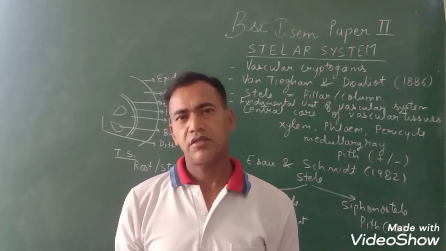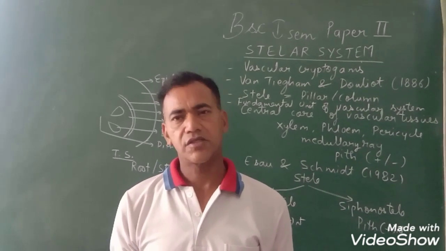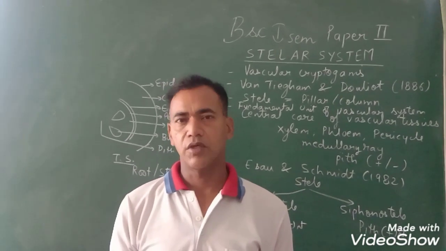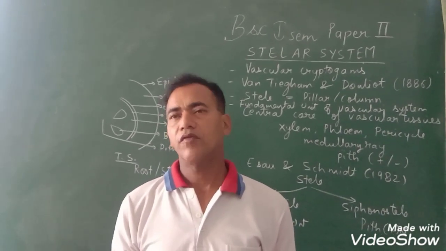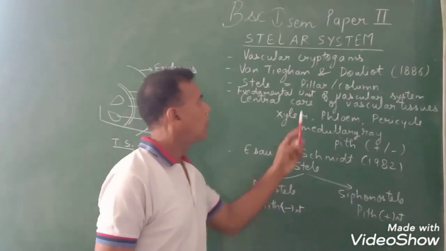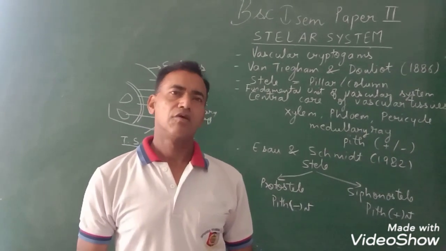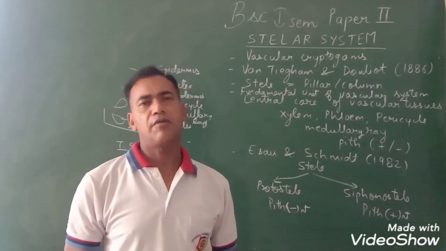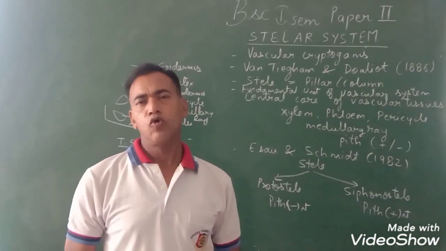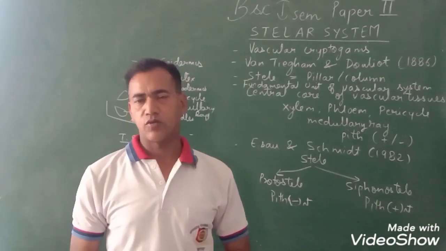Since the vasculature, that is xylem and phloem tissues, appeared first in this group, these are known as vascular cryptogams. The word stele in Greek means pillar or column. The concept of stele was given by Van Tieghem and Douliot in 1886, who believed that it is the fundamental unit of the vascular system.